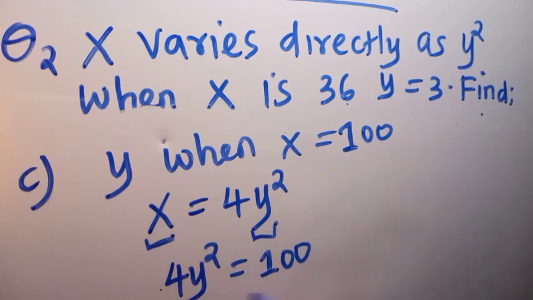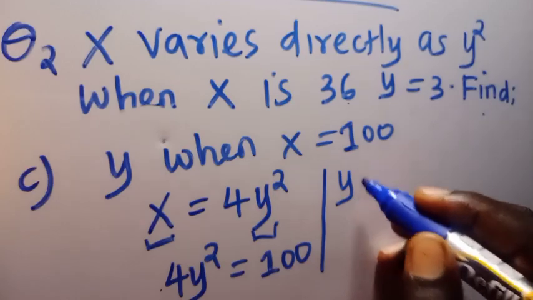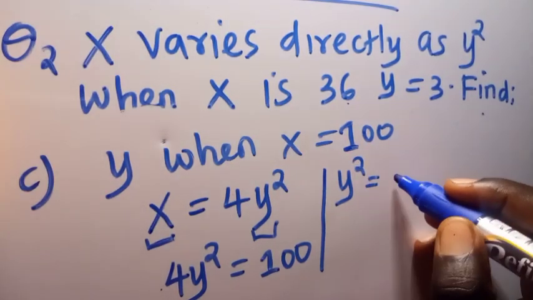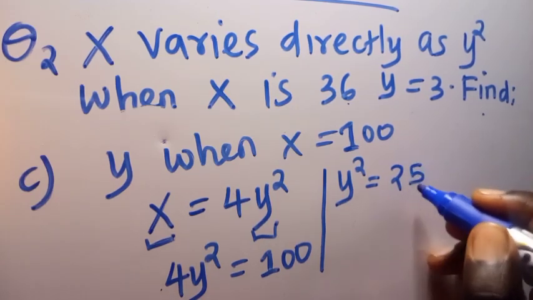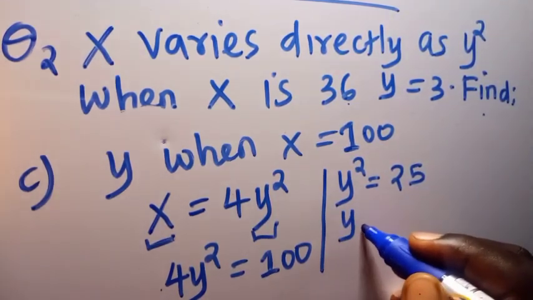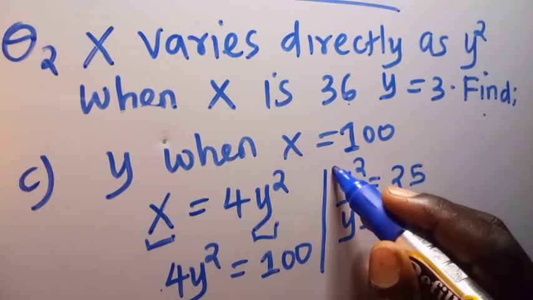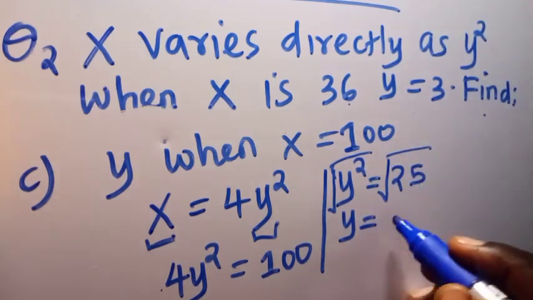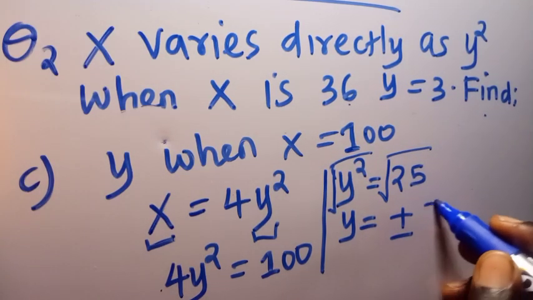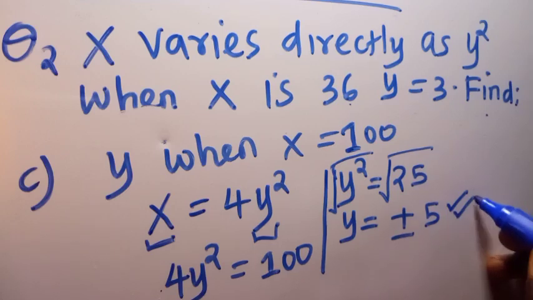We want to remain with y squared by dividing by 4 on both sides, so y squared equals 100 divided by 4, which is 25. The value of y will be obtained by finding the square root on both sides, and we shall have y as plus or minus 5. It can either be positive 5 or negative 5.